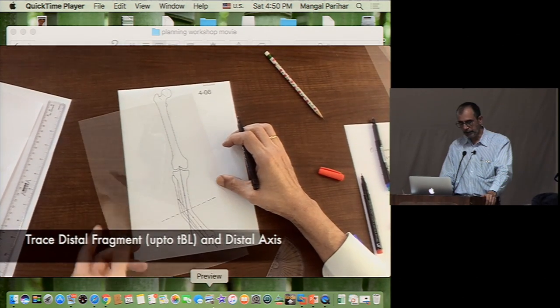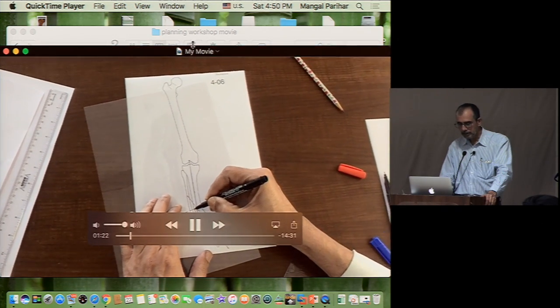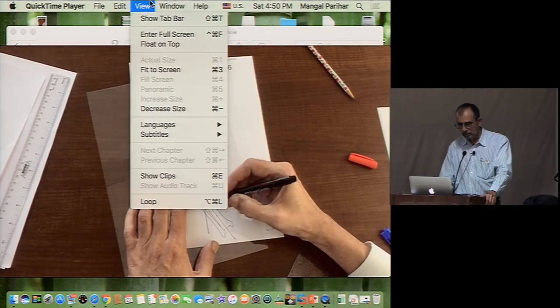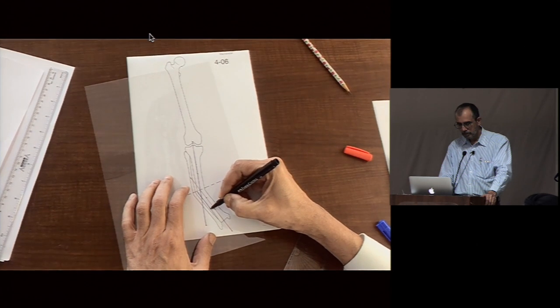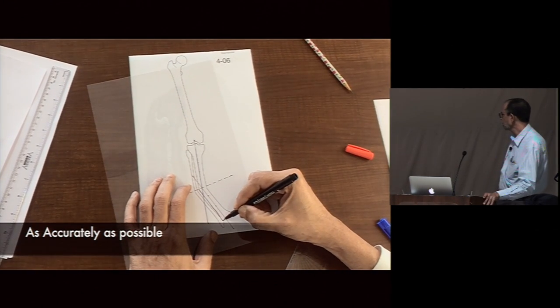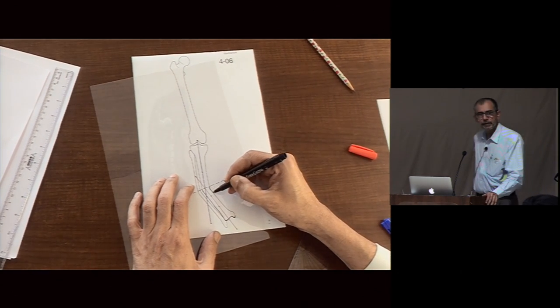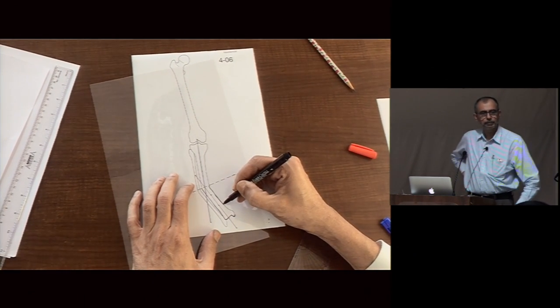All right. Now you take a tracing. Let me just see if I can show this full view. And trace out the distal fragment as accurately as possible.